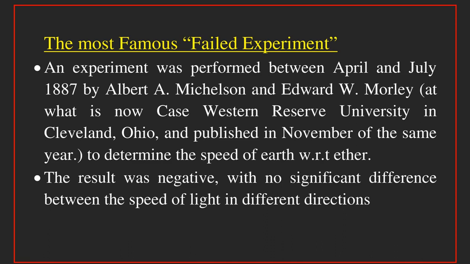They performed the experiment many times under many conditions, but the result was conclusively negative. That is, there is no significant difference between the speed of light in different directions. The light travels with the same speed in all directions. That was the result.